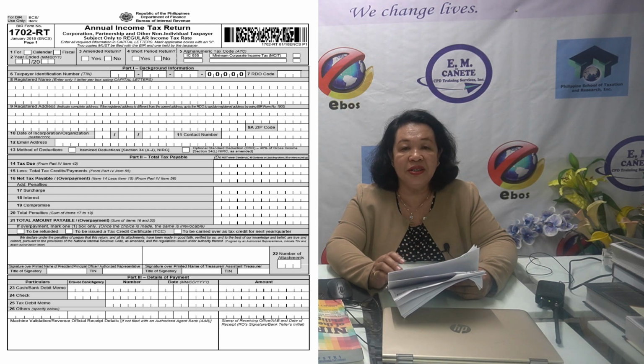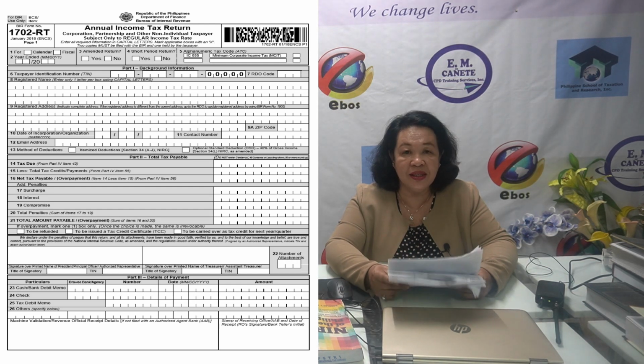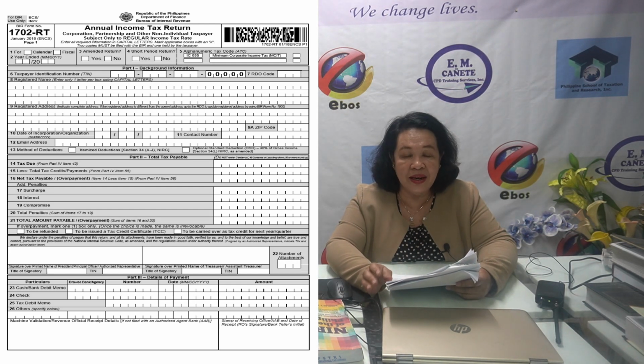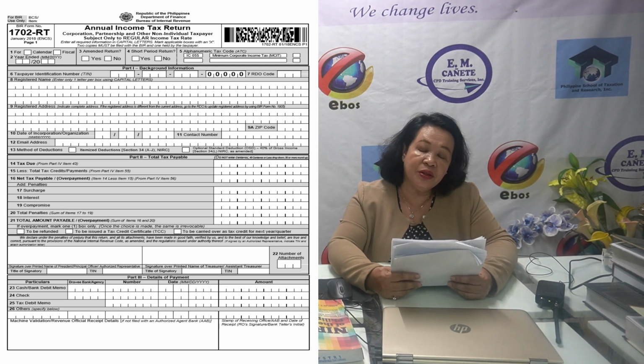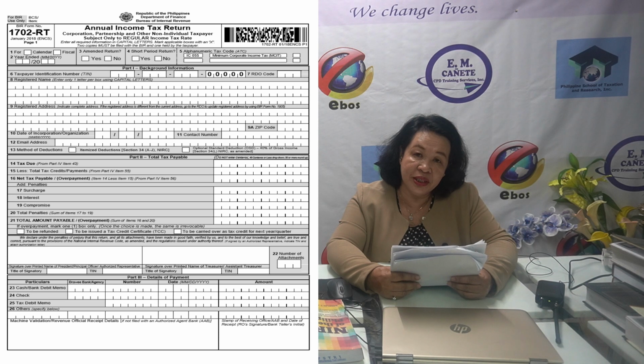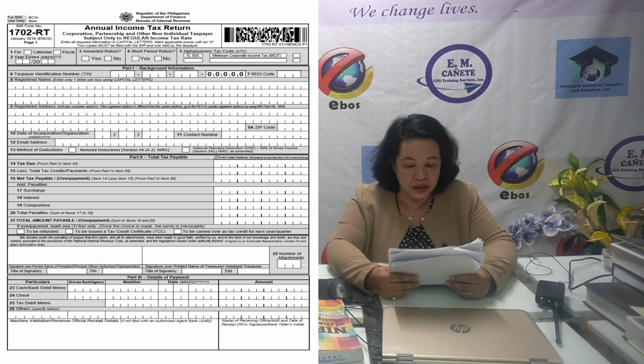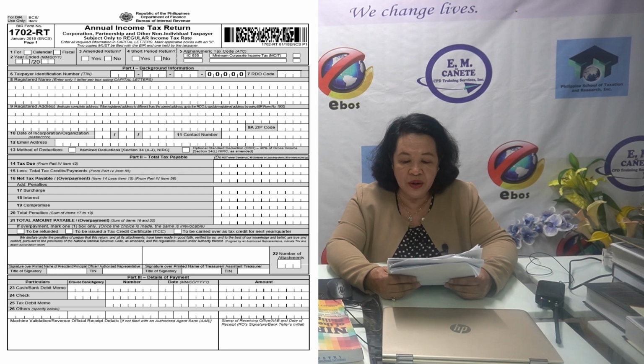No, it should not be. Your date of incorporation is the date of your original incorporation with the SEC, not on your amended articles of incorporation. So the date of incorporation or organization is your original, as recorded or registered in the Securities and Exchange Commission. And then you have your contact number and your zip code.